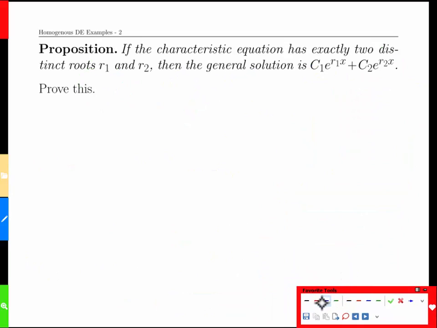Now, can we generalize that? Well, of course, if we have this general property r1 and r2 and they're different, we're going to say there's two distinct roots, then right away we can jump to the general solution as c1 e to the r1x plus some other constant c2 e to the r2x. Well, it turns out that that's pretty straightforward to show because our assumption was that y equals e to the rx is a solution.